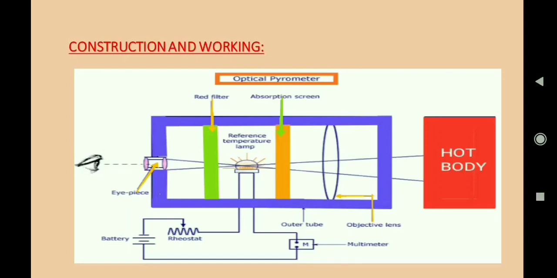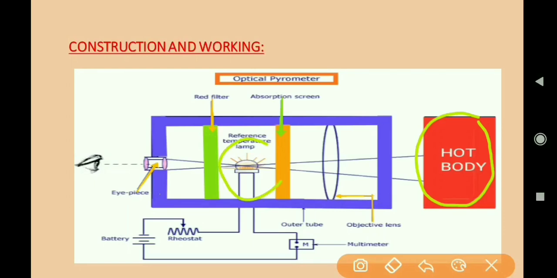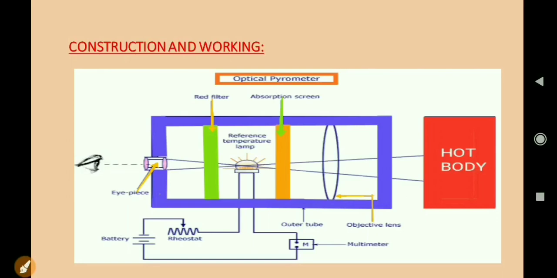Then how does it work? This is the hot body which continuously emits thermal radiation. These thermal radiations are focused on this lamp with the help of this objective lens.